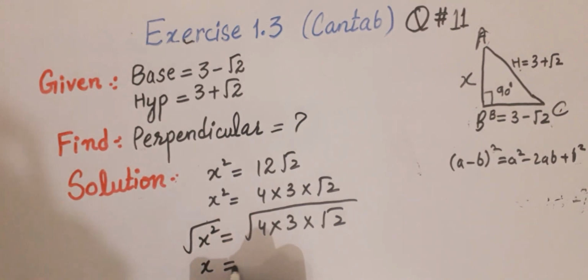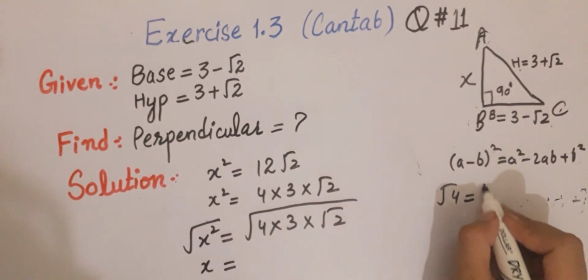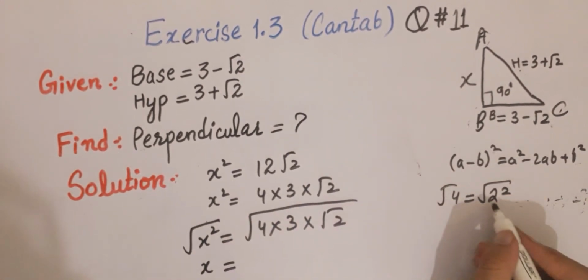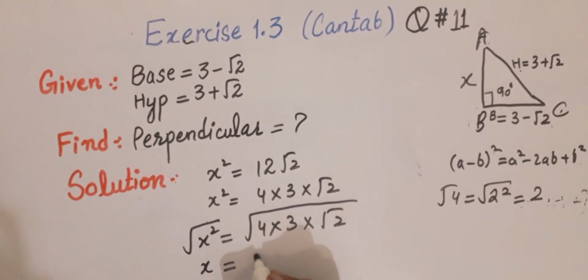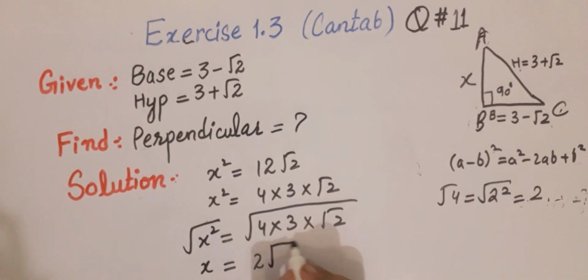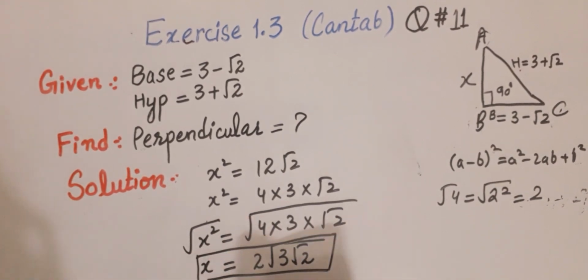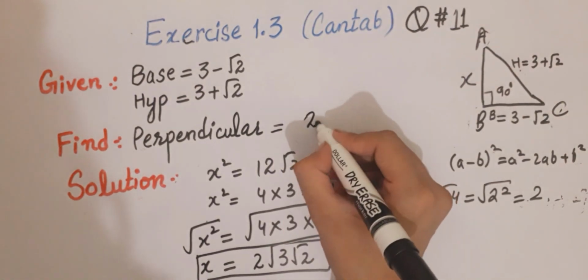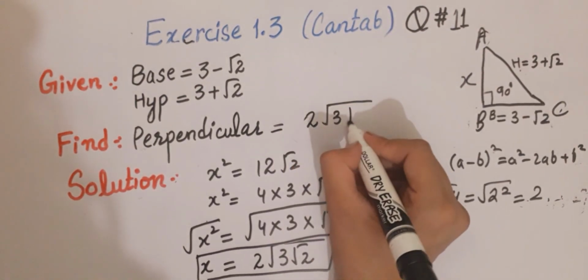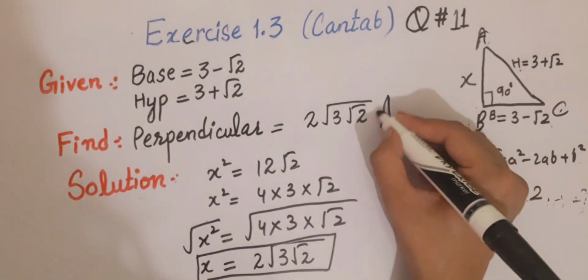We have x is equal to square root of 4 is equal to 2, so we have 2 square root of 3 square root of 2. This is the answer of this question. So value of x, perpendicular, is equal to 2 square root of 3 square root of 2. So this is the answer of this question.